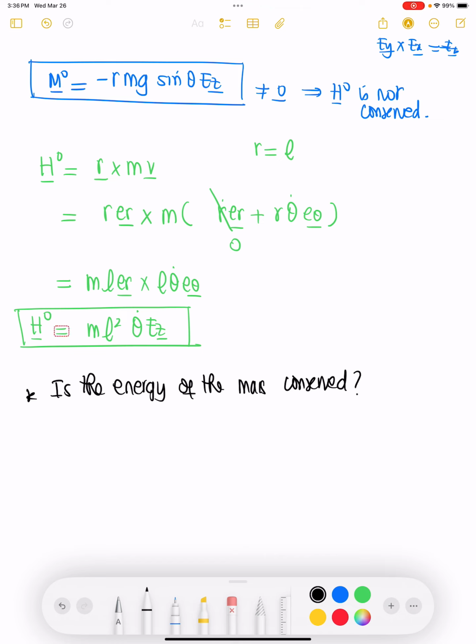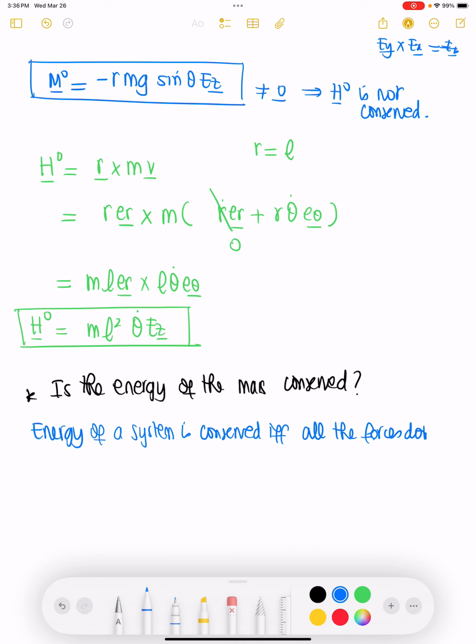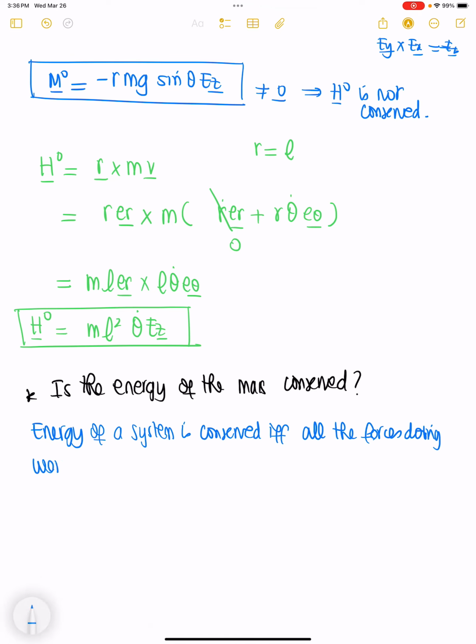Okay, remember that the energy of a system is conserved if all the forces doing work on the system are conservative. This is equivalent to saying that all the non-conservative forces are workless.